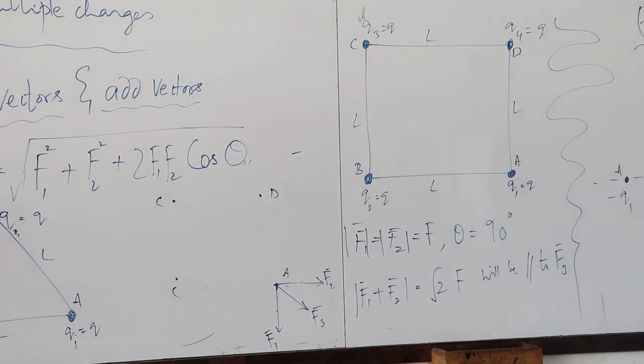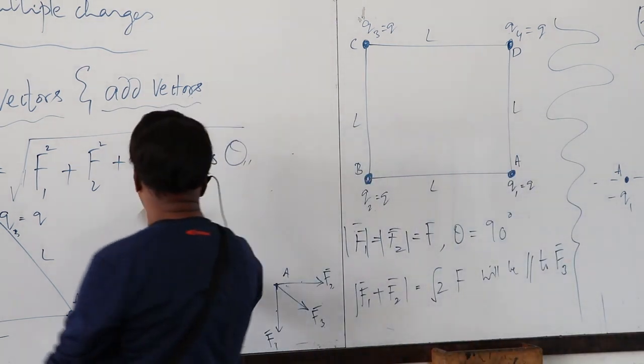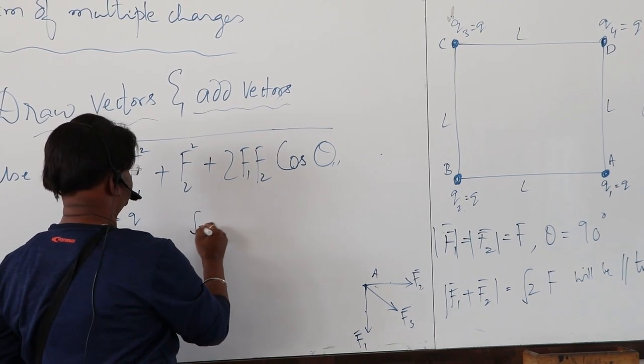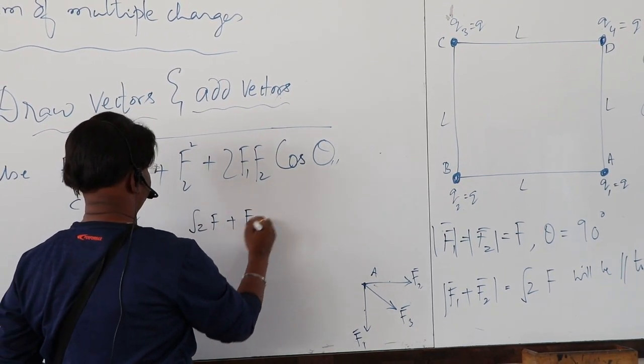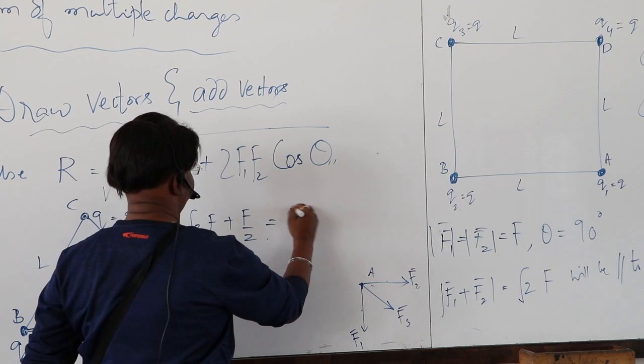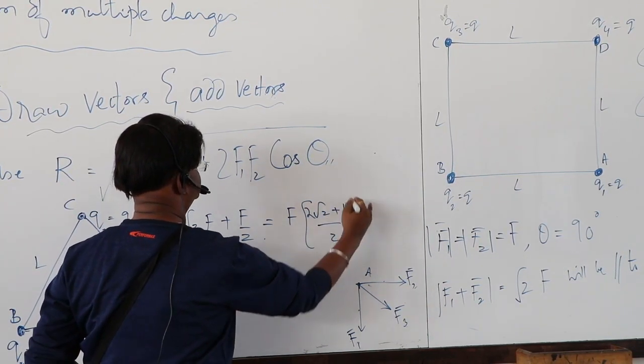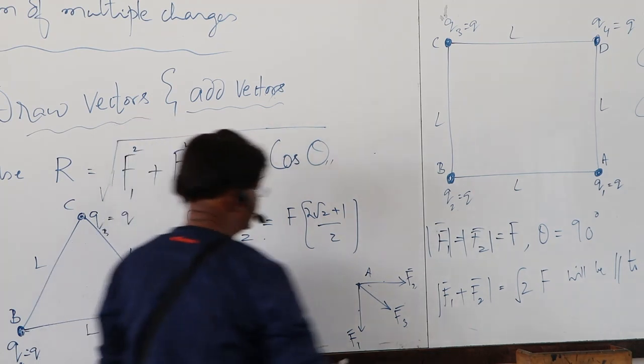So what will be the final answer? Since the vectors are parallel, we can just add them algebraically. Therefore it is root 2 F plus F by 2, so this is F times (root 2 plus 1 by 2). And what is that F?